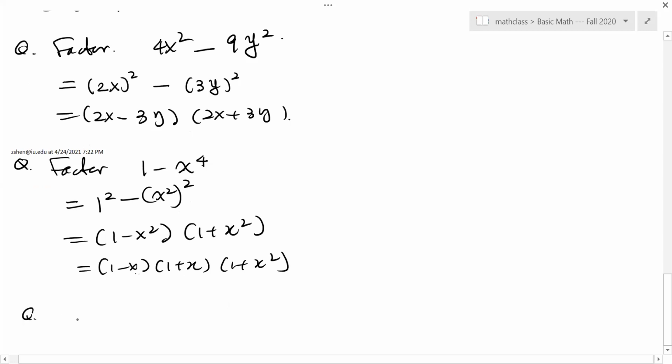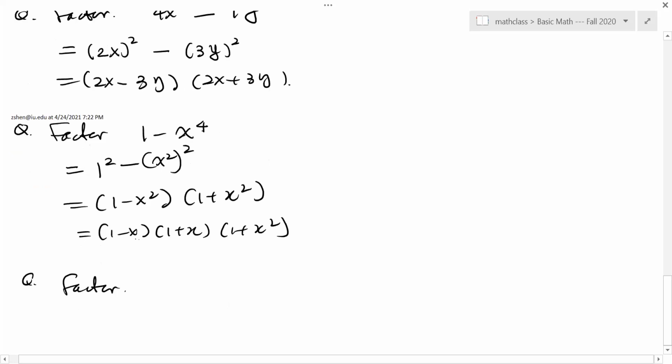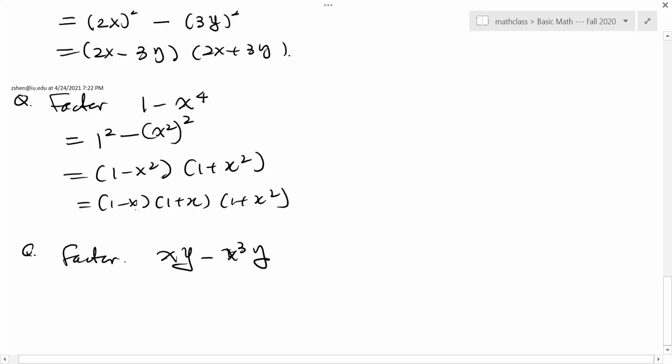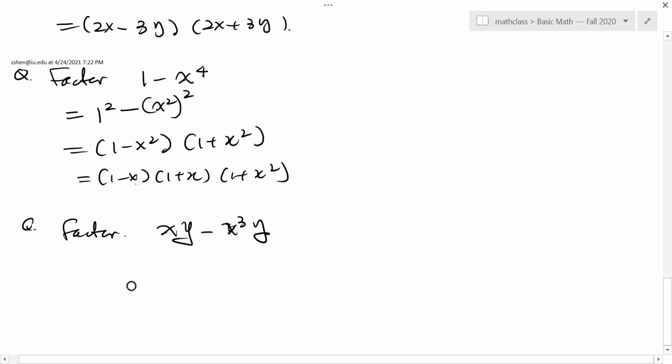Okay, so let's try that one. Factor xy minus x cubed y. Okay, let's see how many factors you're going to get.